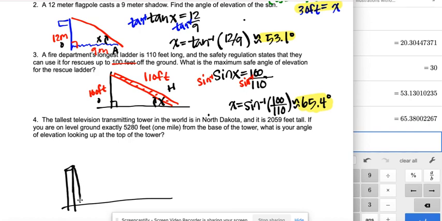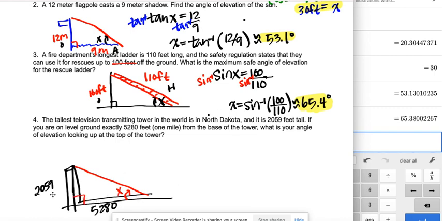So there's my tower. The tallest tower is 2,059 feet. And if you're on a level ground exactly 5,280 feet away, we want to know the angle of elevation. We're looking here. So X, that's our angle of elevation.